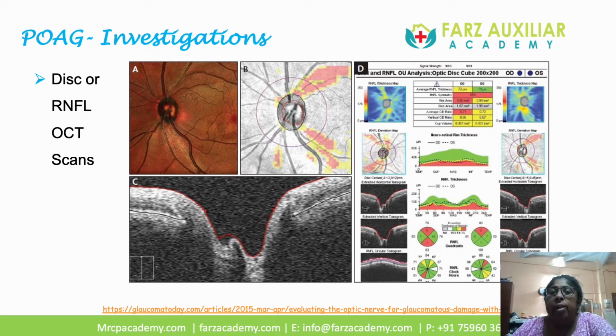Disc or RNFL, retinal nerve fiber layer OCTs, are important in early glaucoma. There are other more advanced tests like anterior segment OCT to assess the anterior chamber angle and UBM or ultrasound biomicroscopy.